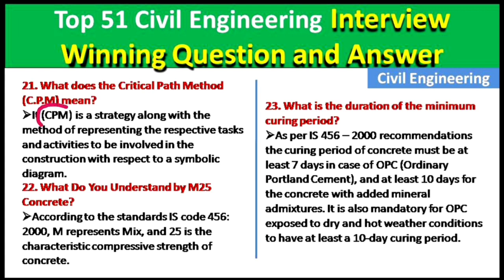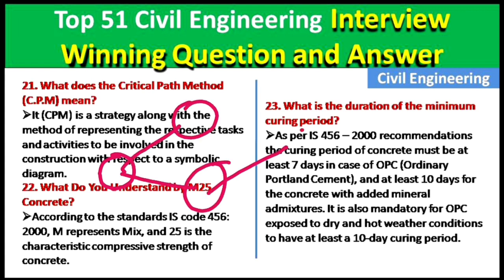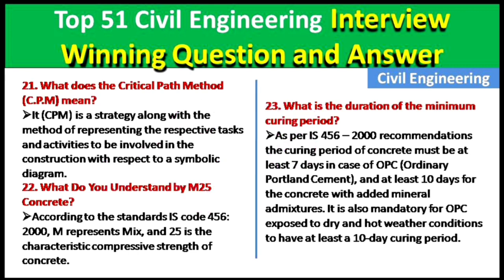Okay guys, so CPM is used to analyze the activities. It means how much work has been done for constructing the building, how much work is required, how many days are required, how many work days have finished. So this type of analysis we will do with the help of the CPM method. Okay, it means critical path method.